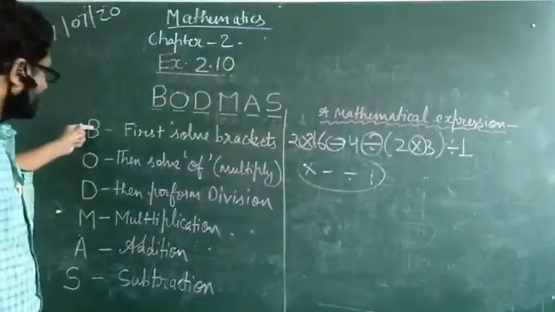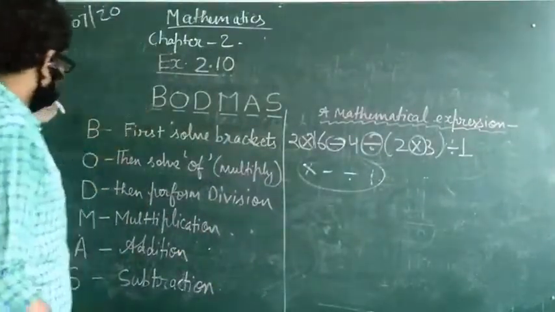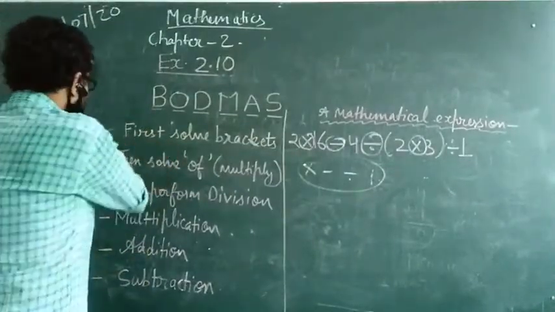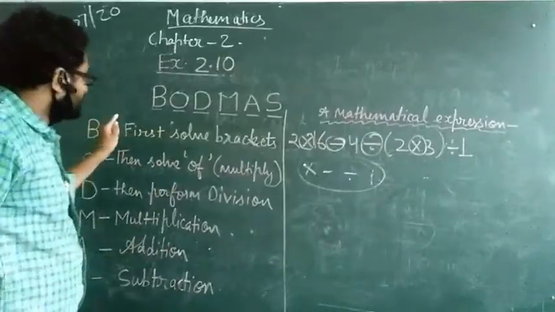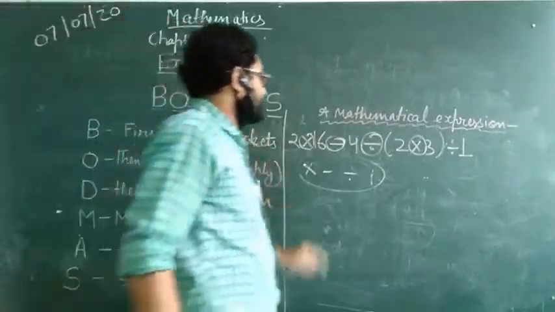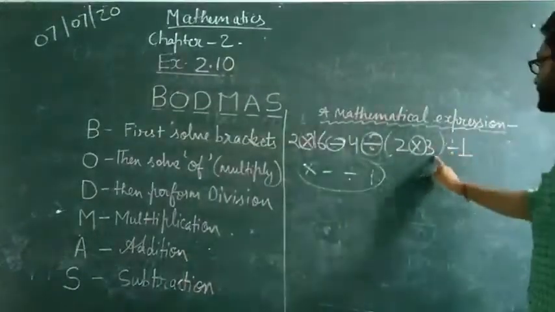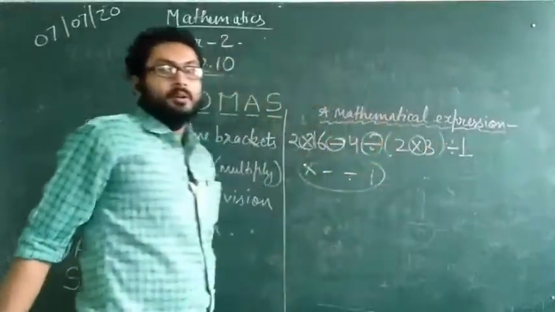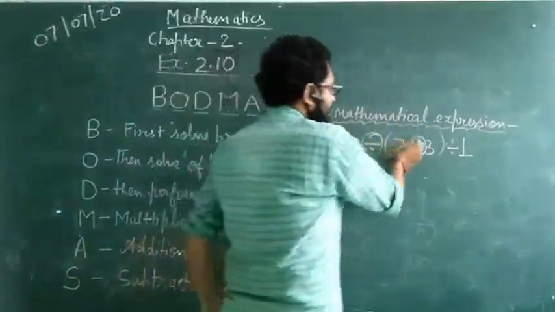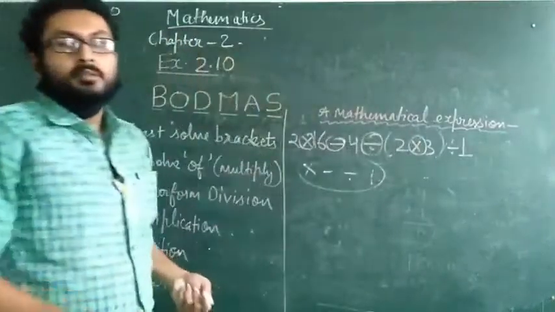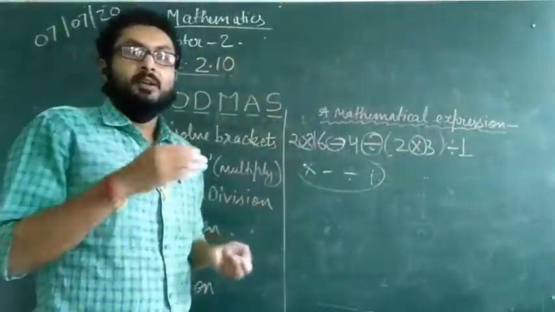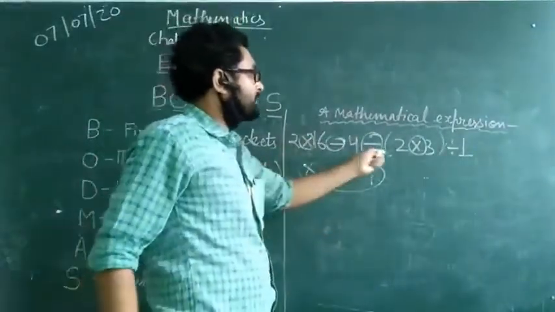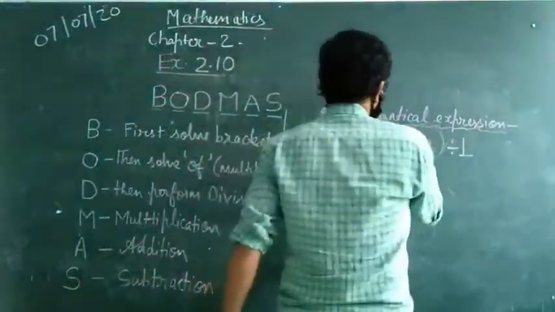Every letter shows its own operation. B shows that we first solve the brackets. Whatever the sign in the bracket, whether divide, multiply, plus, minus, first of all we solve the bracket value.